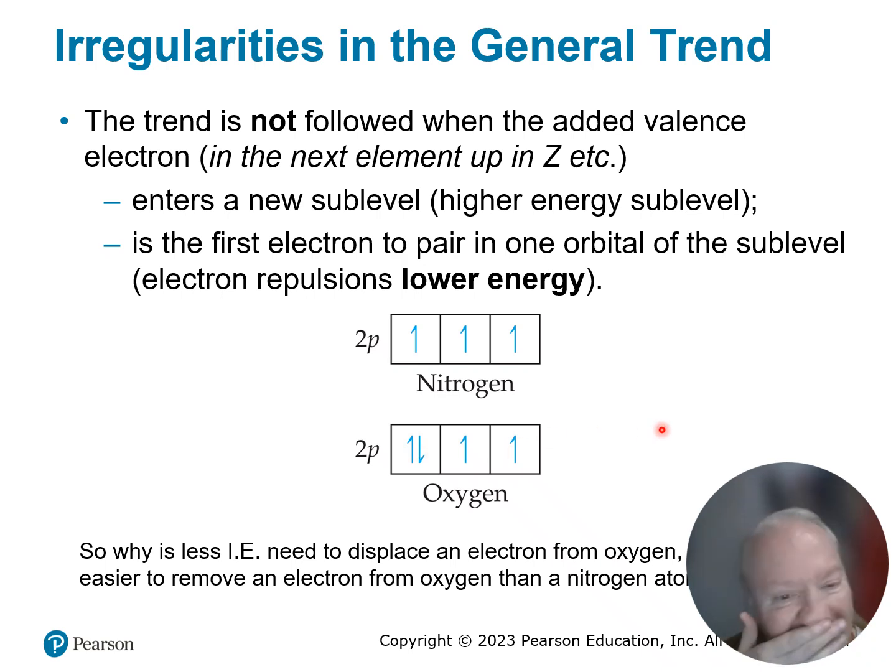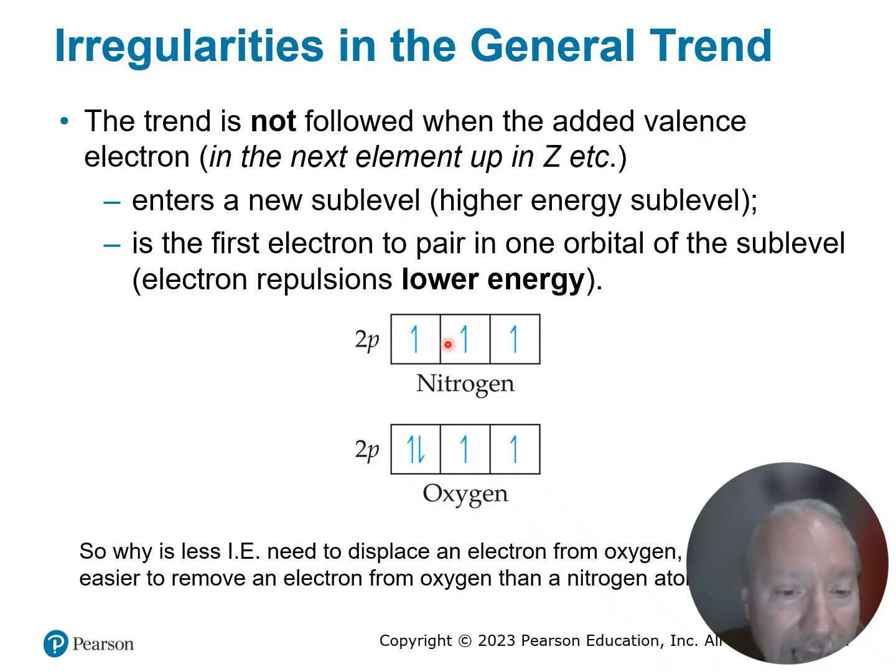Okay, so we want to think about the ionization energy here. What happens? Well, it actually turns out that it's easier to remove an electron from oxygen. We would make oxygen positive if we removed an electron, but it would look like nitrogen, and we'd have no extra repulsion, and we wouldn't have a fourth electron in the 2p suborbitals.